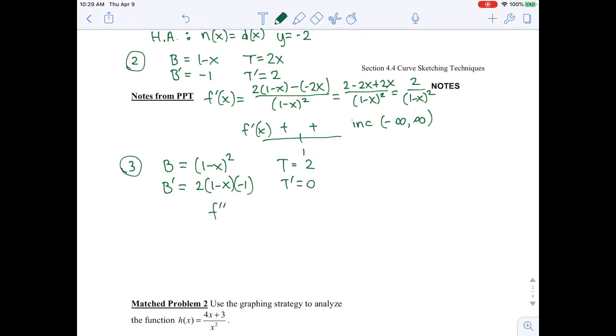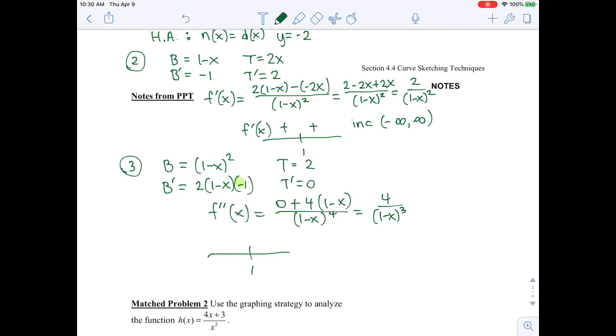So the second derivative equals 0 minus, which is going to turn to a plus because of this minus right here. We get 4, 1 minus x, all over the denominator squared. Squaring a squared gives me the fourth.